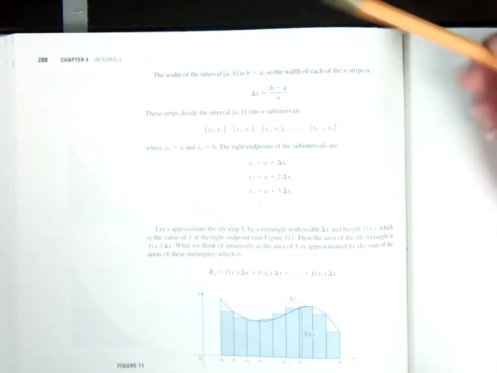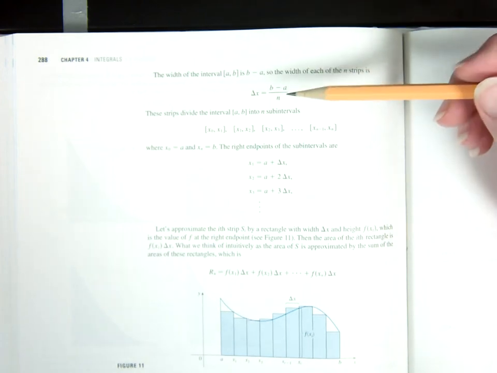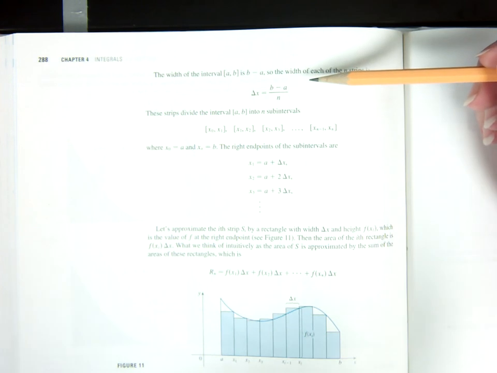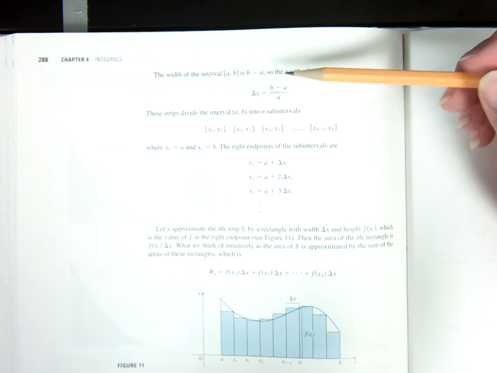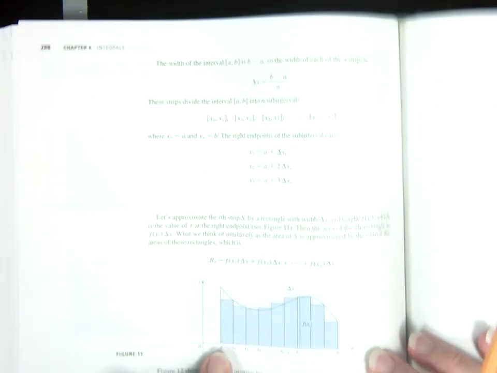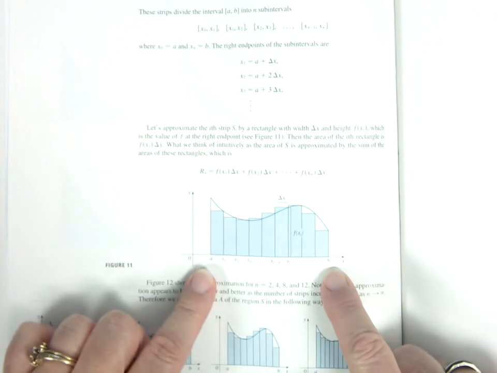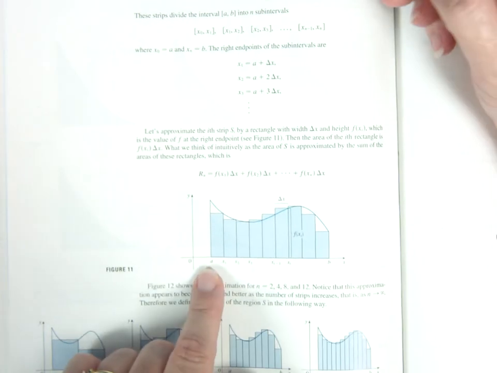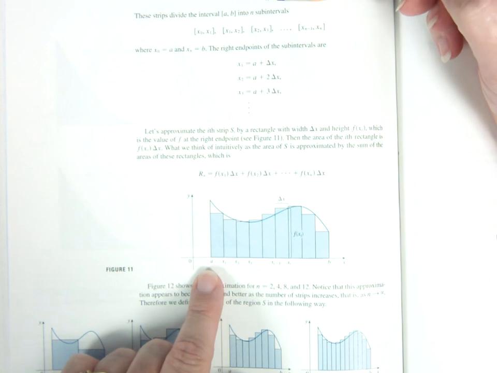So if I'm going to say I'm going to look at this from A to B, just like before, the parabola was 0 to 1. Okay, the parabola was 0 to 1 that we looked at. Now I'm saying, what am I going to look at this at? Well, I'm going to look at it from A to B. So generically, I'm going to take my B minus A to get my width, and then I'm going to decide how many rectangles I'm going to break it up into.